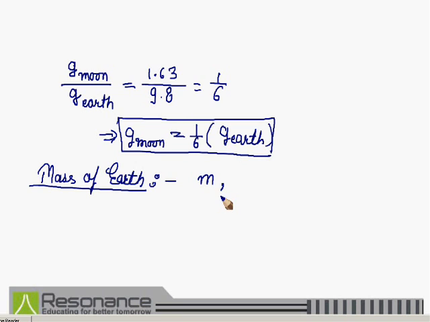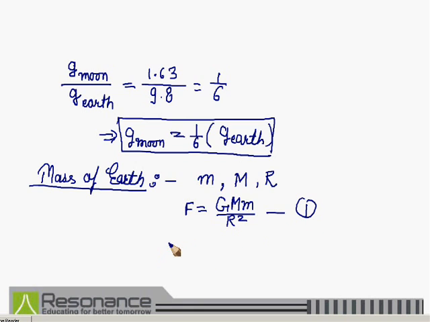Consider a body of mass m lying on the surface of Earth having mass capital M and radius capital R. Then we know from Newton's gravitational law, force is given by G M m upon R square. This is equation 1.